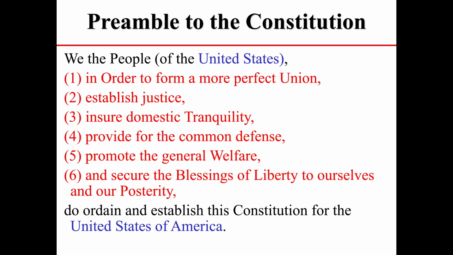What people find acceptable versus what they don't find acceptable changes. And so they tried to leave a document that would do these things for us for future generations. Okay? And then lastly, do ordain and establish this Constitution for the United States of America. And when we get to the very last article, I think it's Article 7, we talk about ratification.